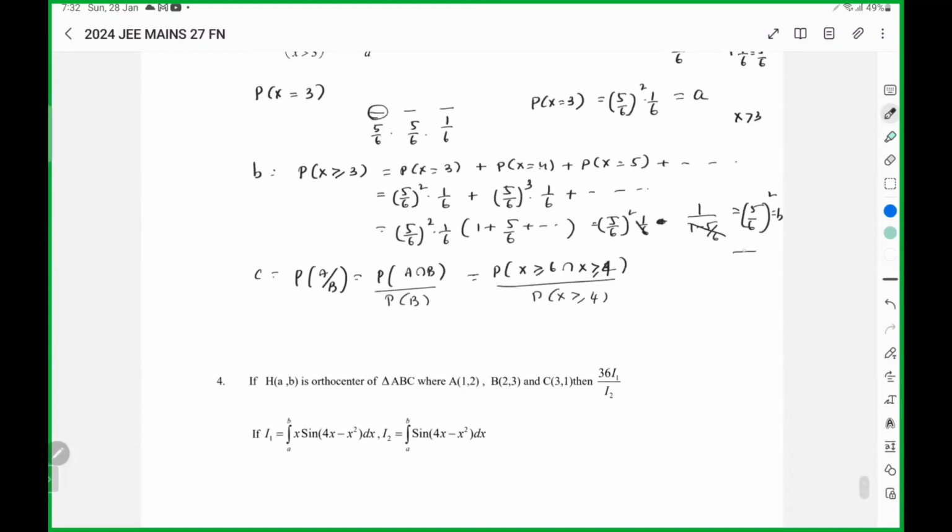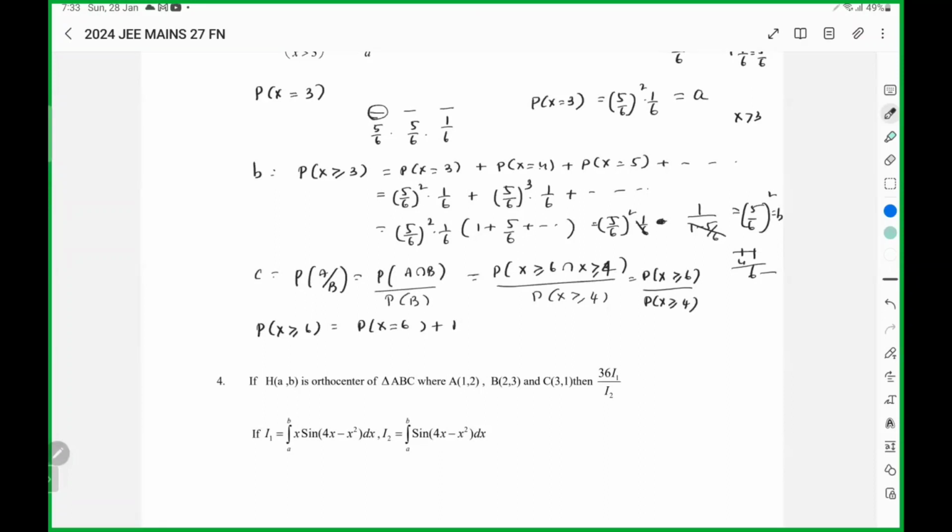So more than 4, more than 6. Common part is 6. P of X greater than or equal to 6 by P of X greater than or equal to 4.